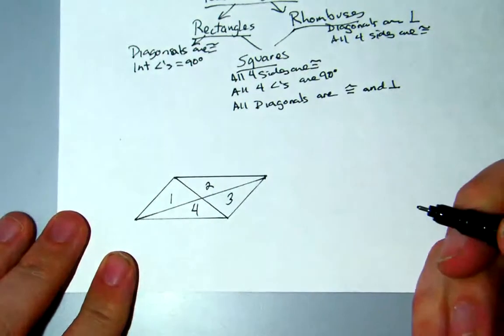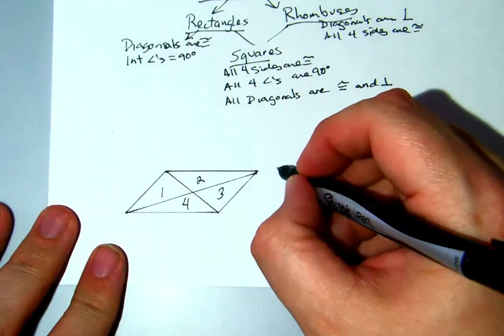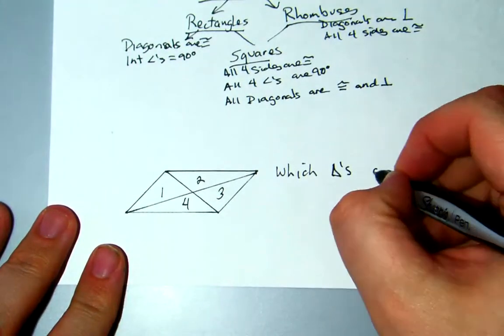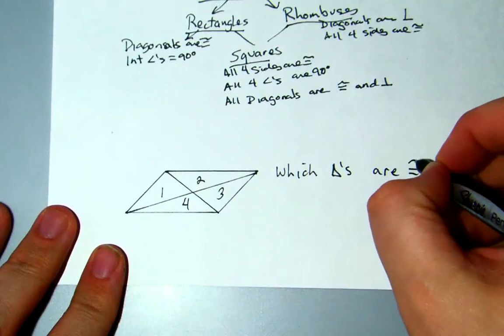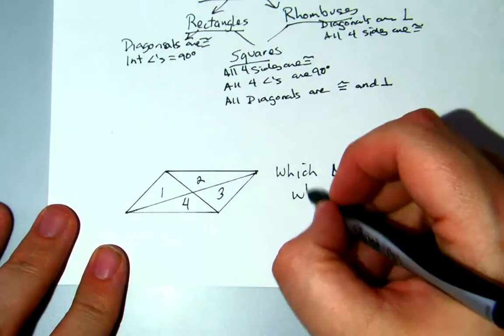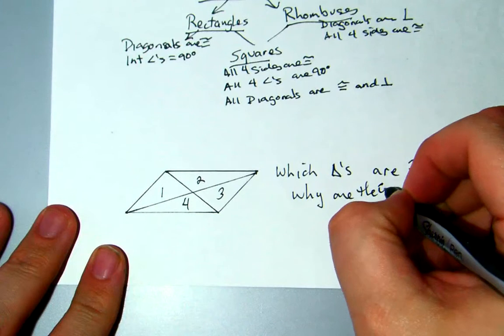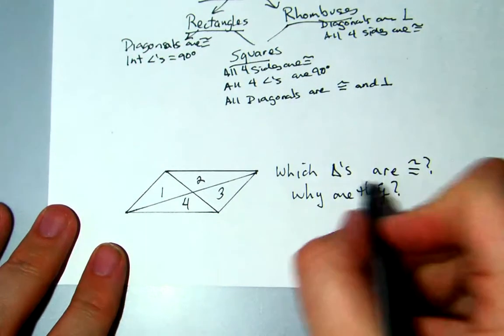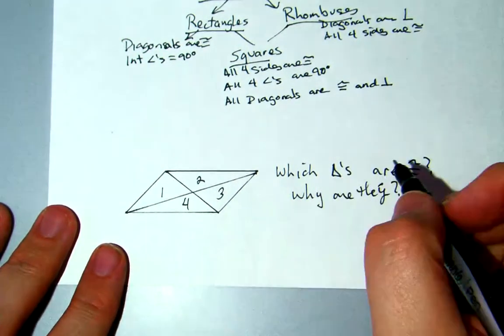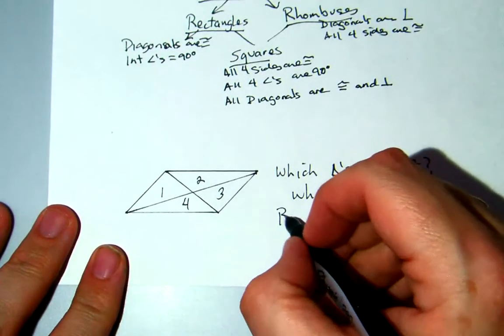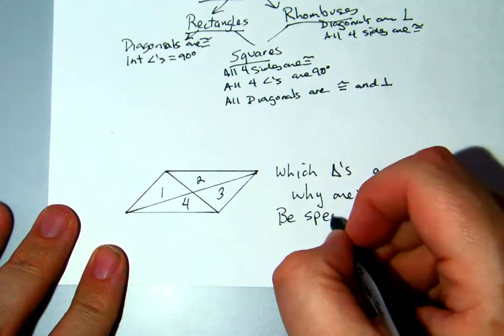There are 4 triangles here. Which triangles are congruent? And why are they? That's the thing. You just can't say that they're congruent. You have to explain why they are. And you have to be specific.